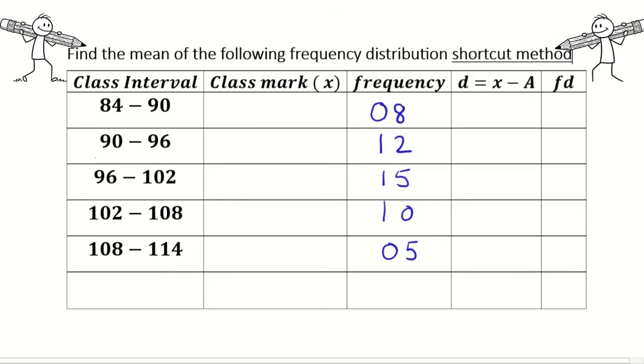Let us start with the steps. What is class mark? And what are we doing? We are finding the mean of what? Suppose these are marks. So we are going to find the average of these marks. Fine. So what is class mark? Class mark is a mid value. So 84 plus 90 divided by 2 comes to 87.